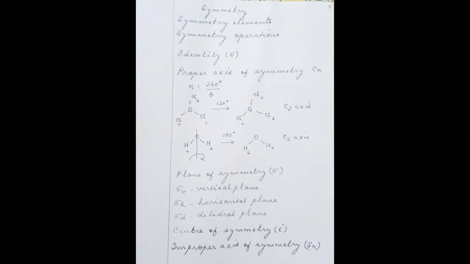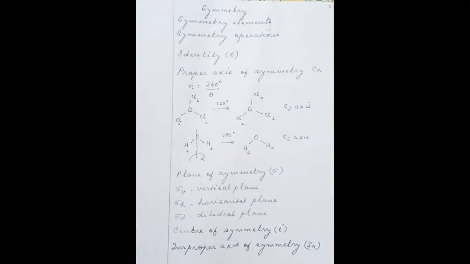To explain the concept of a proper axis of symmetry, the BCl3 molecule is taken. In the last class, I explained this axis of symmetry with the ammonia molecule, which is pyramidal in shape. But the BCl3 molecule is planar in shape. The symmetry is trigonal planar.